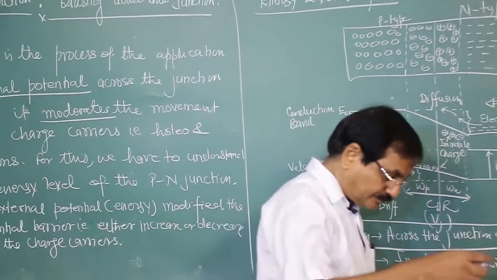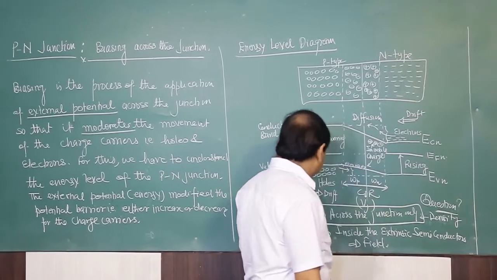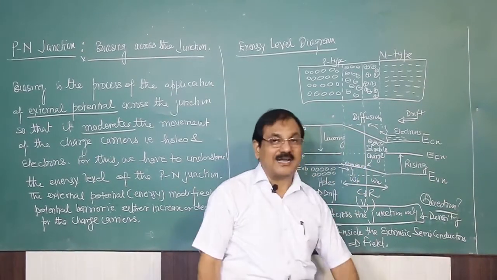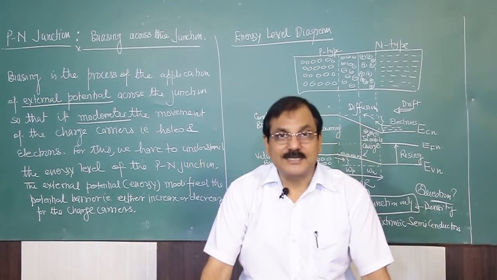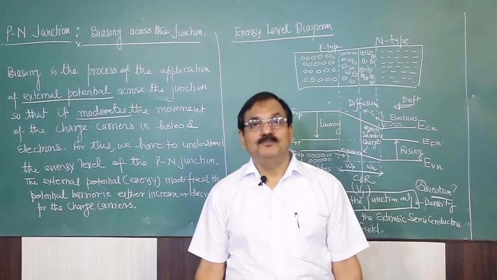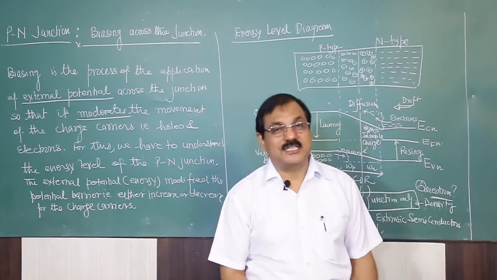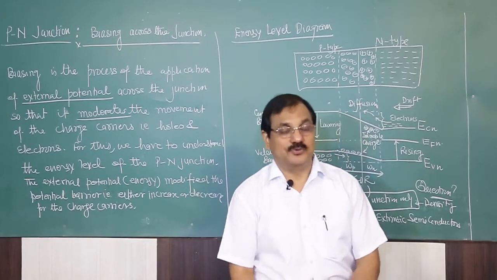So, now with this energy difference and these two types of motion of charge carriers, that is diffusion and drift, we are well versed with the concept of diffusion, and that is very important in this place also.